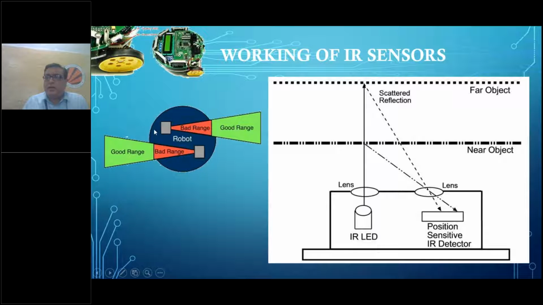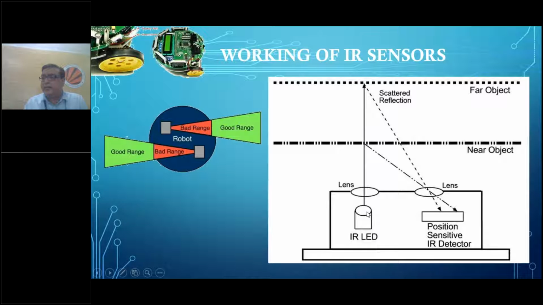Here you can see the working of that particular sensor. This is the robot, and this is your IR LED. Through the lens, this IR light is fed out, and then it will be reflected, or scattered, from the object. Once it is scattered, it is incident on the position sensitive IR detector, and using that position, it identifies the distance.